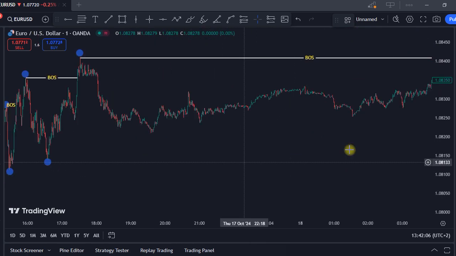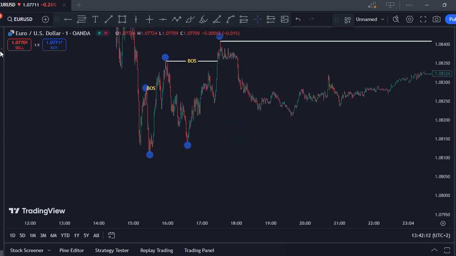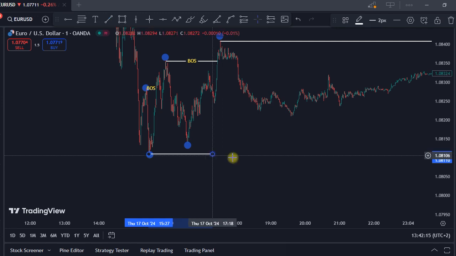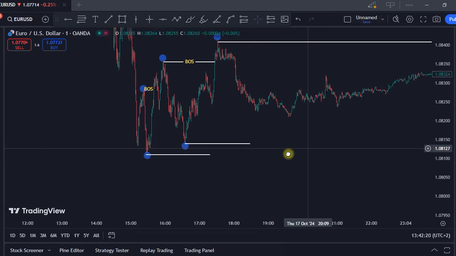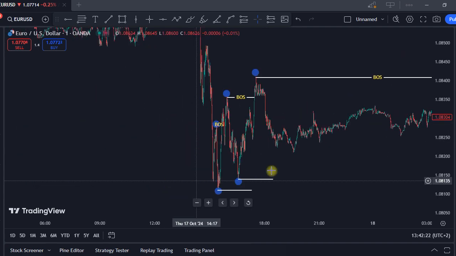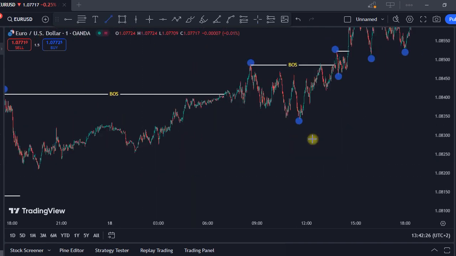our lows, our significant lows. As you can see here, we are having a significant low. Then here we also have another significant low. Remember, it's an upward trend, so the lows are going to be significant. Okay, so that's a significant low, and we also have another significant low over here.